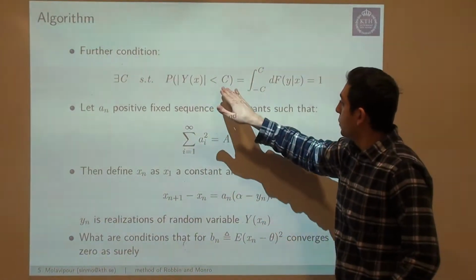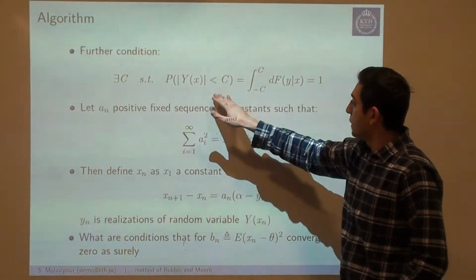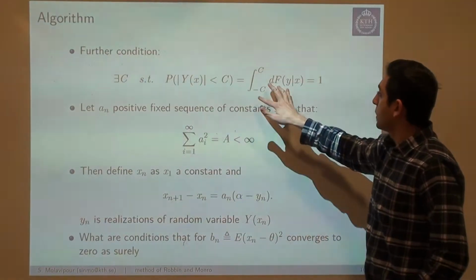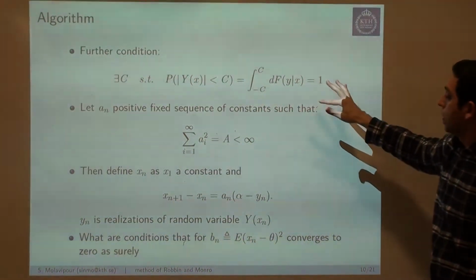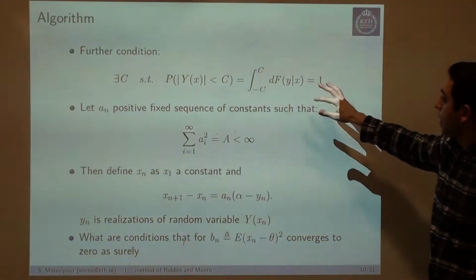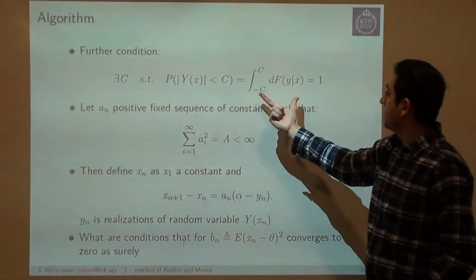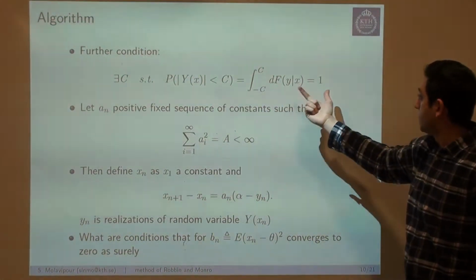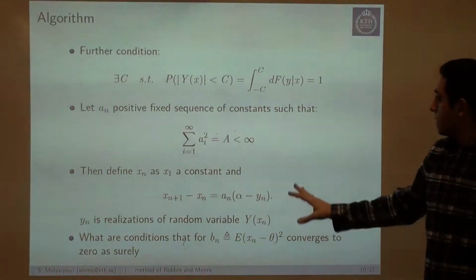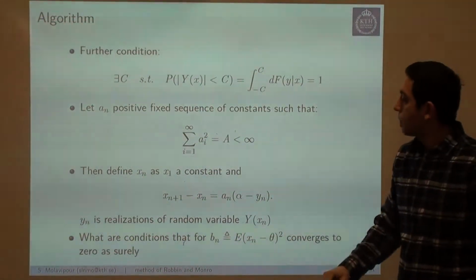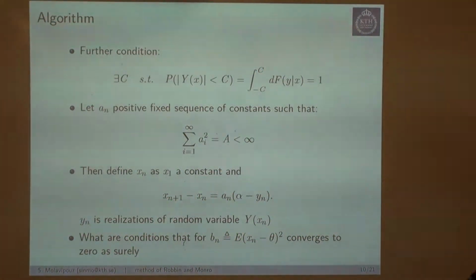If you put this bound c for the values of y, then you're sure that we have covered all the values of y, in the sense that the summing over these probabilities should be 1. So we need this bound over the y.